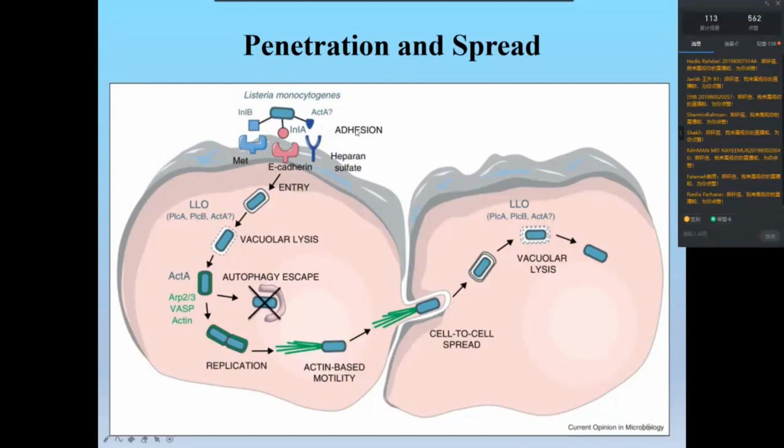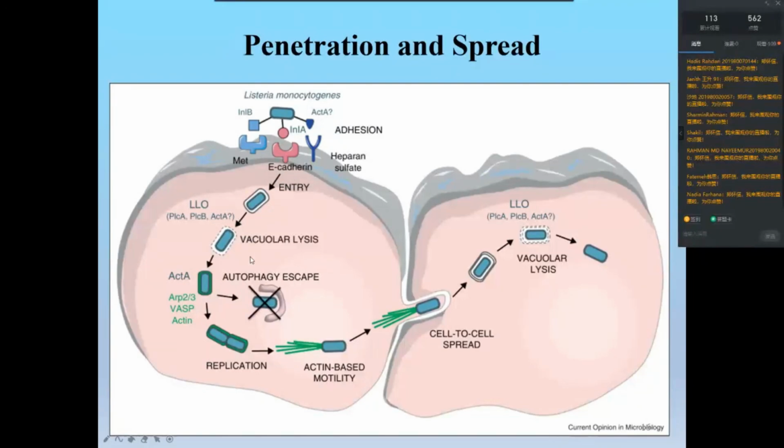And this is the famous picture of Listeria monocytogenes. Listeria is a gram-positive bacteria pathogen, which can cause food poisoning. So first they adhere to the surface through different molecules, and then they invade into the cell.